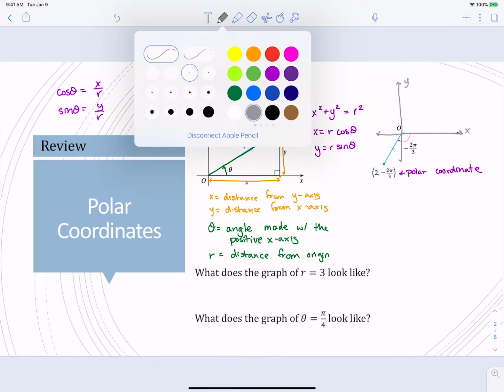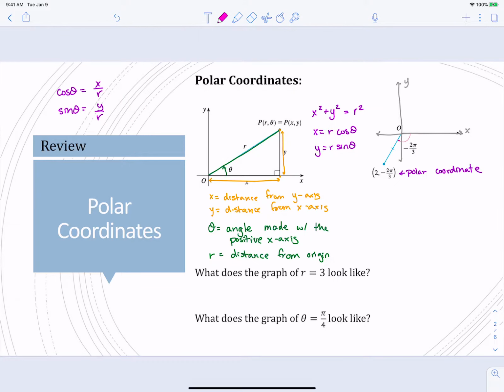And what we're doing when we go to this point 2, negative 2 pi over 3, we go an angle of negative 2 pi over 3, and that's going to go backwards because it's negative. And then we go a distance of 2 out that angle, and then it gets us to our point.